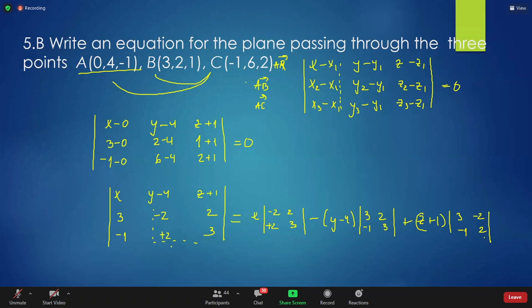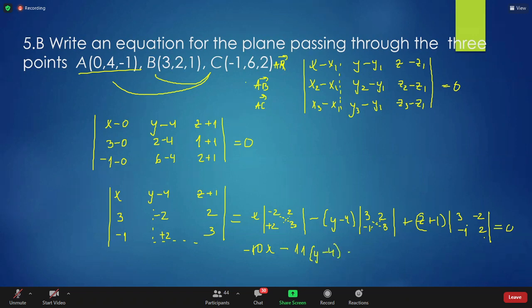So now we should evidently open this. So minus 6 minus 4 is minus 10x. Here we have 9 minus -2, which is 9 plus 2, is 11. So we have minus 11 times y minus 4. And what else do we have?